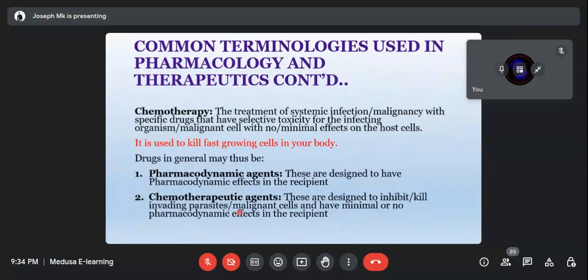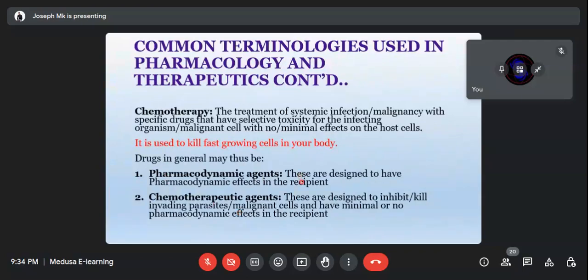But it's very rare that you see side effects outside, such as rashes or vomiting, under chemotherapeutic agents.